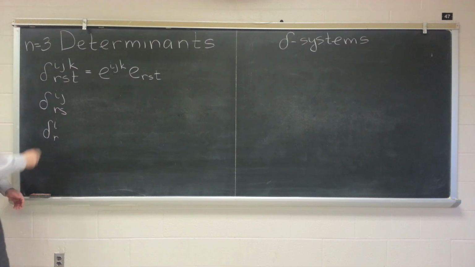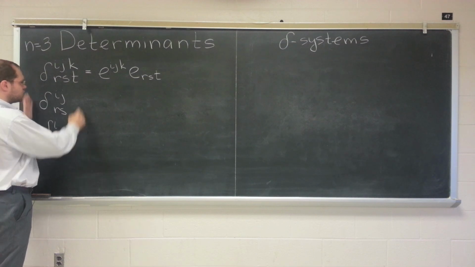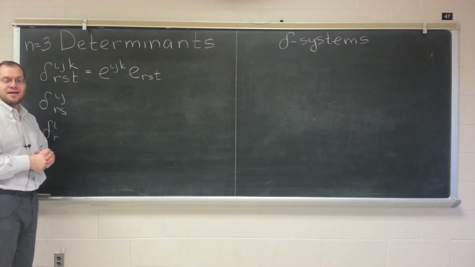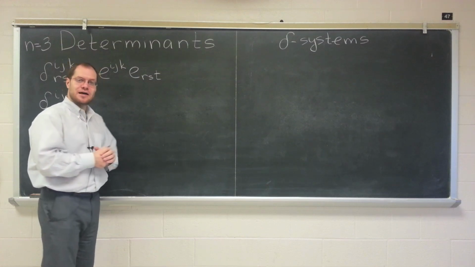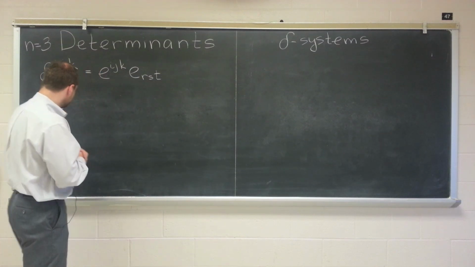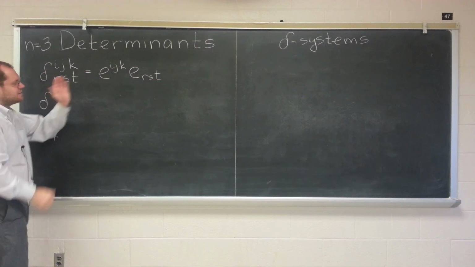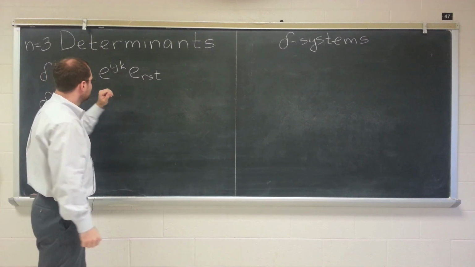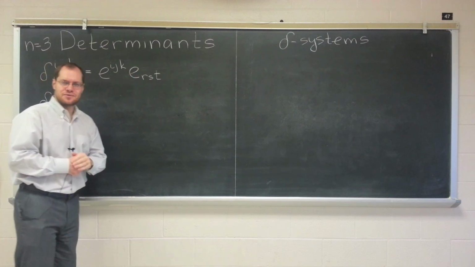I'll give its definition in a moment, and you will see how the same definition can be used for all three delta systems. And in higher dimensions, to the delta systems with however many indices you want. So for this one, we introduced it just a few moments ago, so I will just give you one exercise to practice working with these systems.